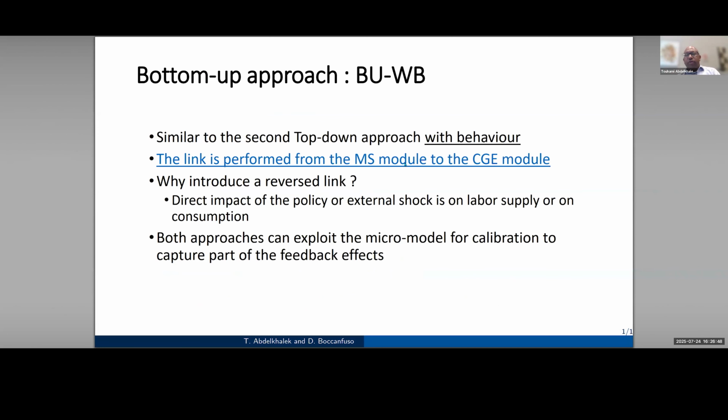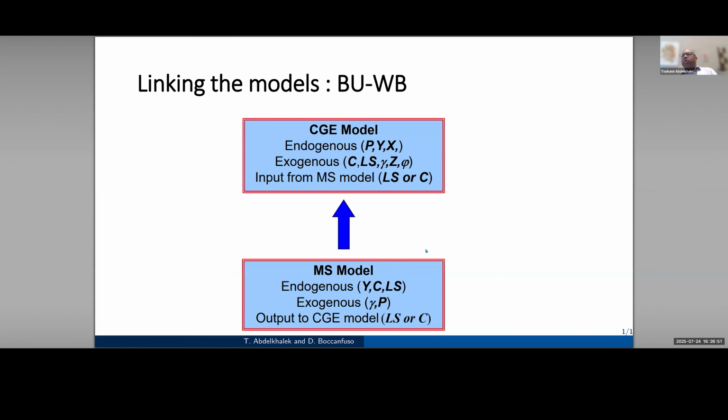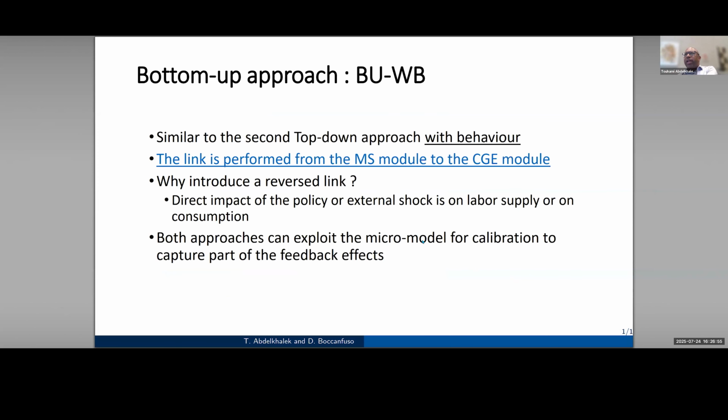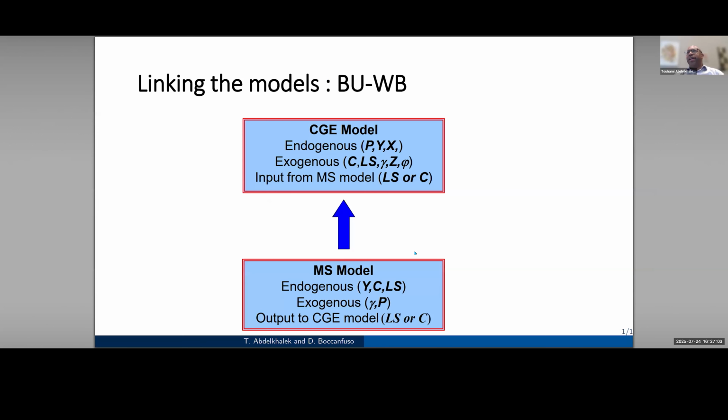Just to give you an illustration also here, this is the second approach, or another approach, the bottom-up situation. What is the story? Look, the difference between the two models is in the middle here. The shock is coming from the bottom of the model, and there is a shock probably on price.